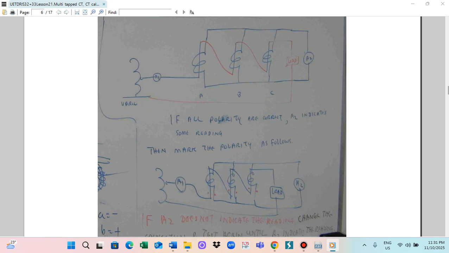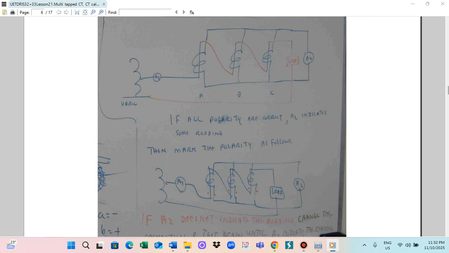All the secondary winding points are combined and then connected to the ammeter. So all the CT secondary windings are combined and then connected to the ammeter.